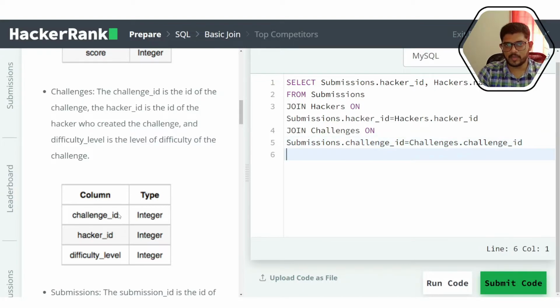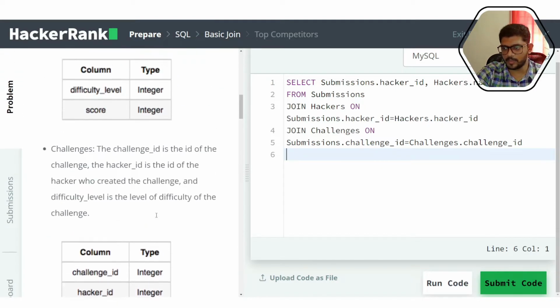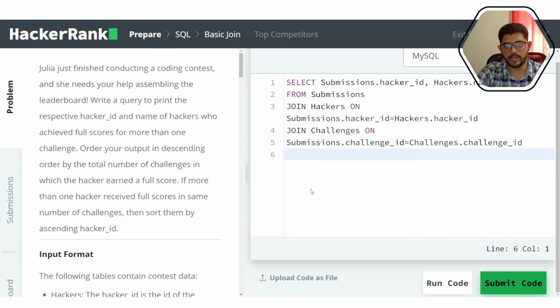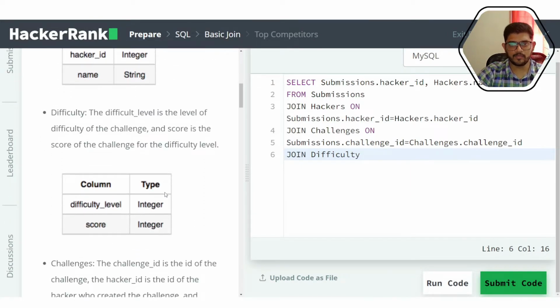Okay, so are we done joining only these two tables? Definitely no, because we need to join one more table, that is the difficulty table. Why it matters? I'll tell you why it matters. I'm joining the difficulty table. On which parameter are we joining it? We are joining it on the difficulty level.